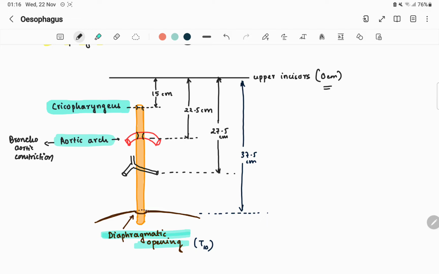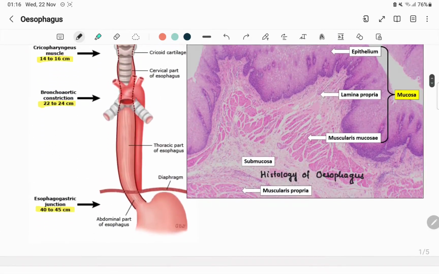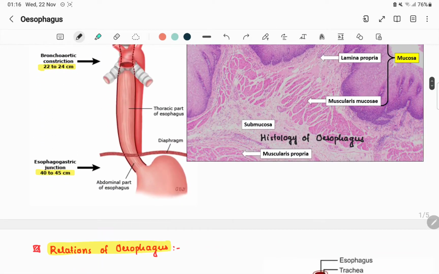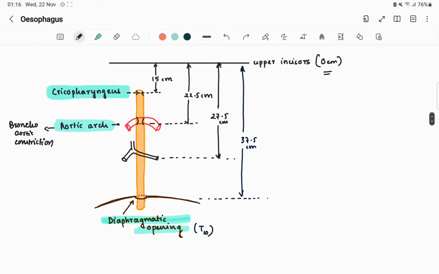Another constriction is at a length of 27.5 cm. This is your esophagogastric constriction.